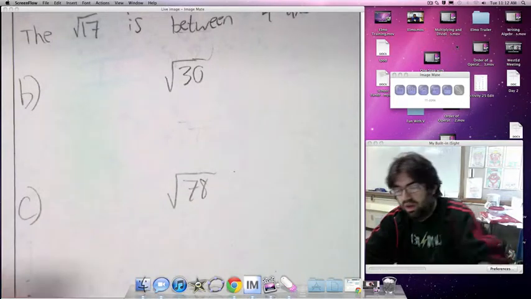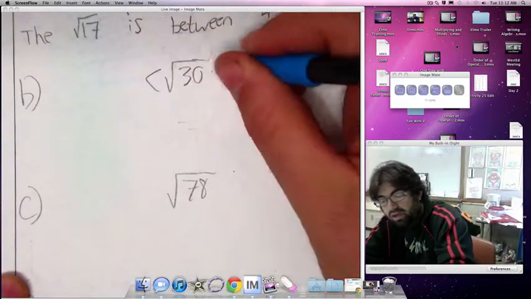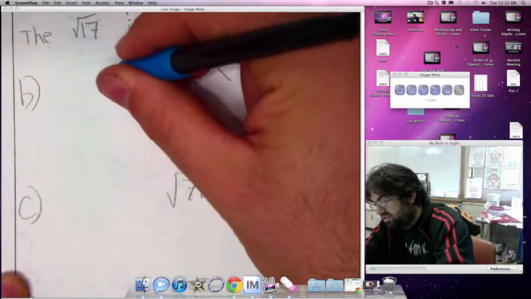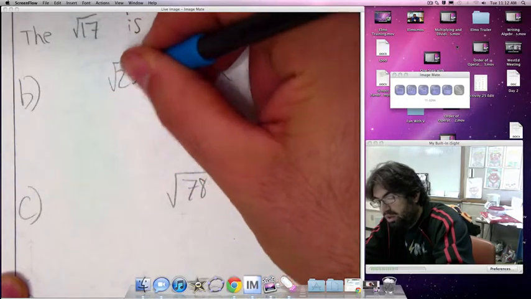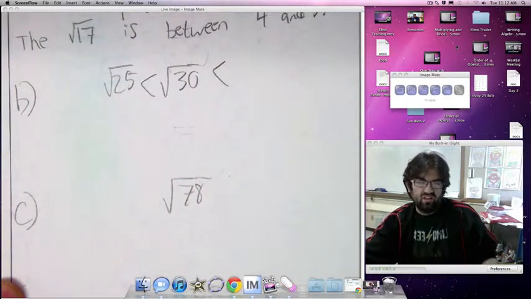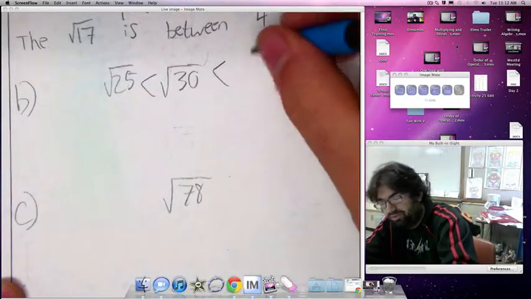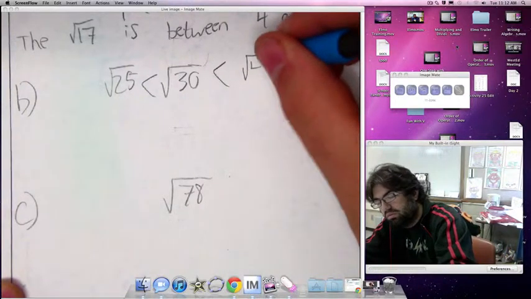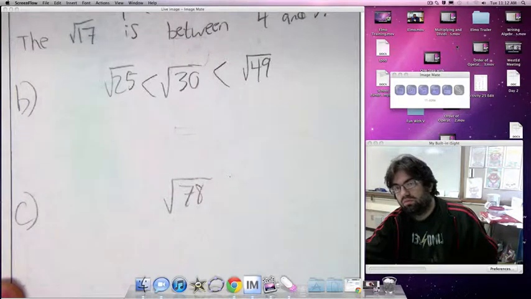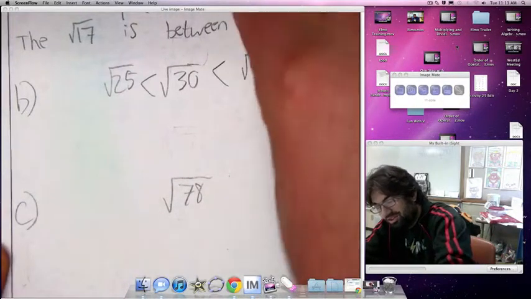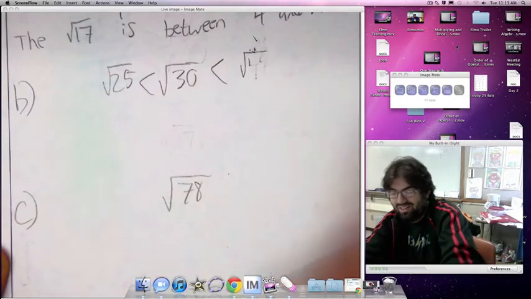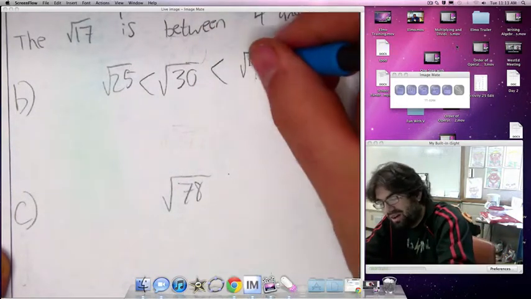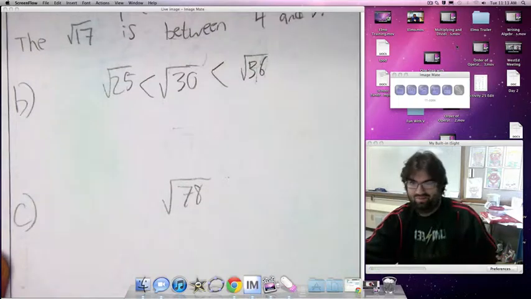Square root of 30. Hey, didn't we just use square root of 25? That's probably the smallest one below it. What's the next highest above it? 49, I believe. Right? Wrong. Square root of 49 is bigger, but what's next after 25? I'm not awake right now, apparently. It's 36.